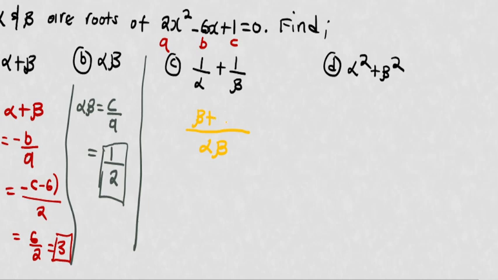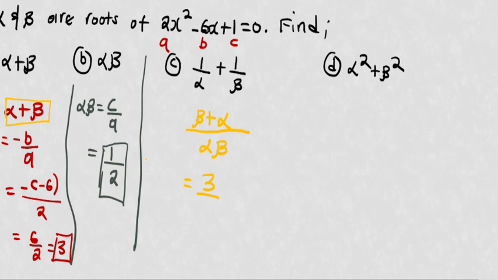Alpha times 1, that's alpha. Then we know that beta plus alpha is the same as alpha plus beta. So what is alpha plus beta? Alpha plus beta is 3. Then alpha beta, we found 1 over 2.